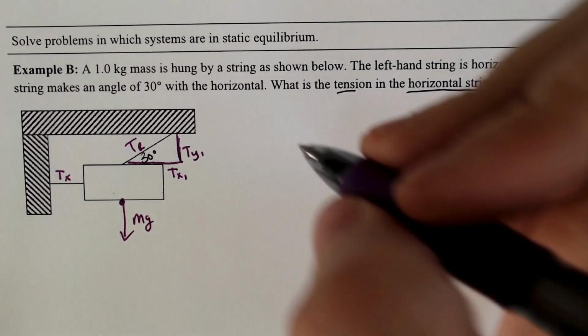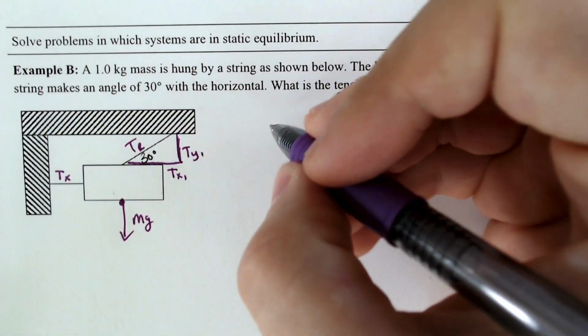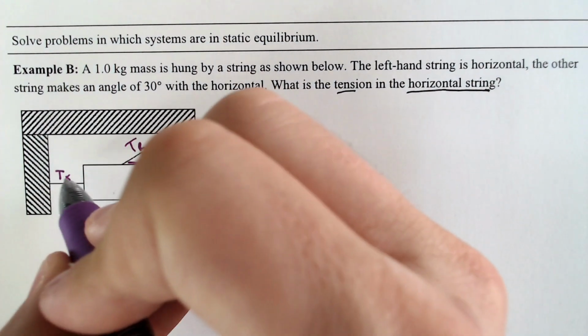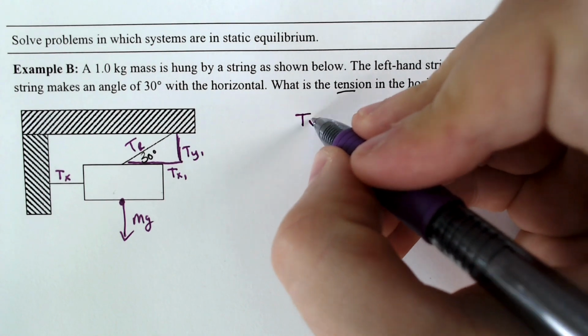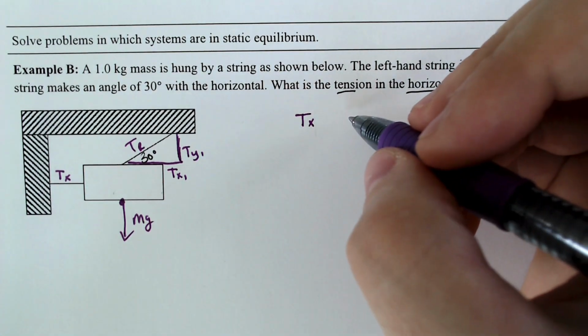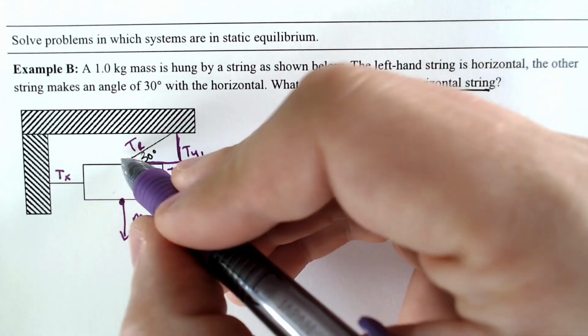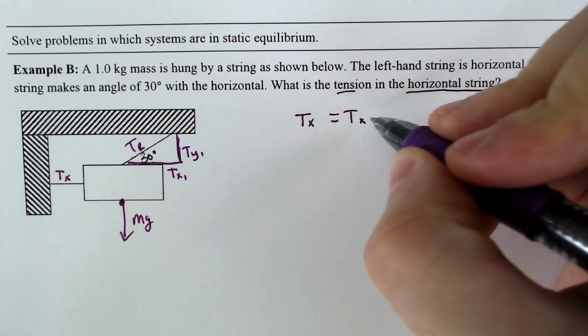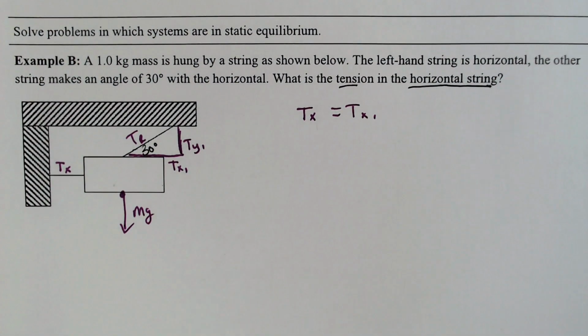With that in mind, knowing that this is not accelerating, that would indicate that this horizontal component, T of X, and this horizontal component over here, this Tx1, must be equal, because they're canceling each other out.